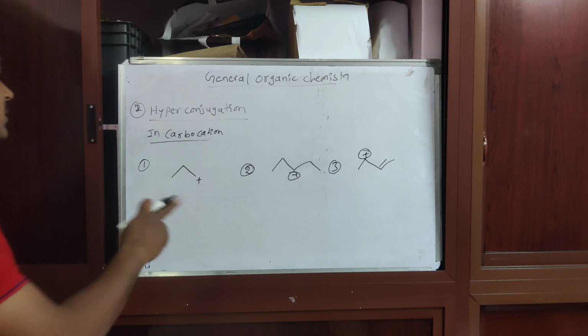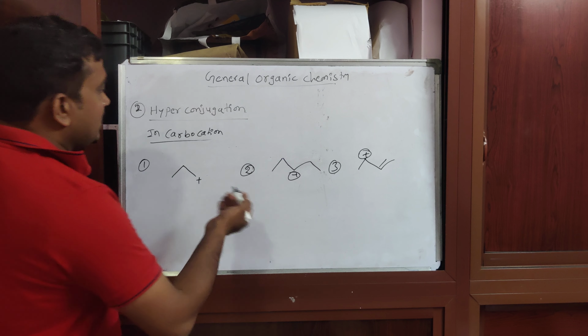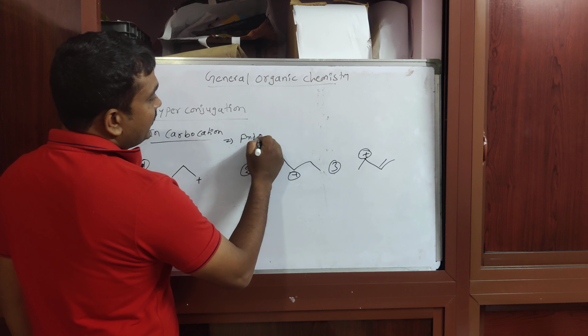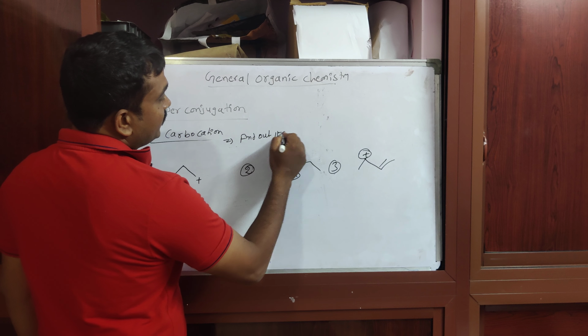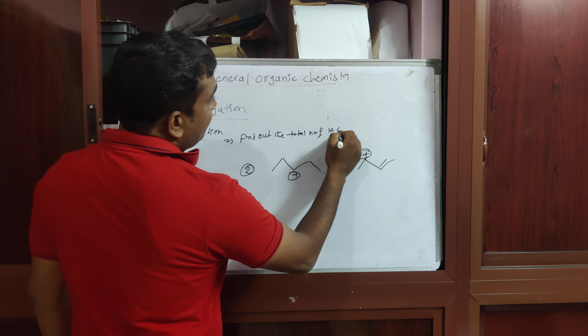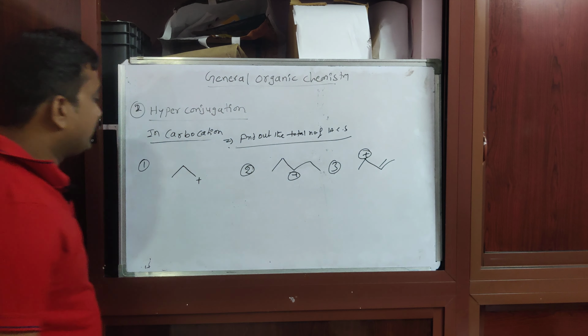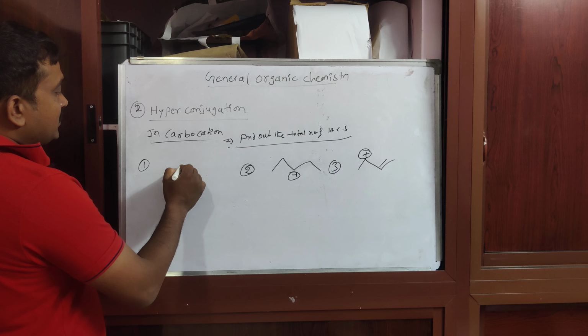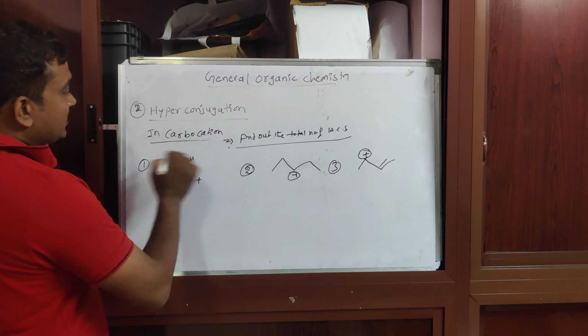Please find the total number of hyperconjugation structures. Take this carbocation, which has 2 hydrogens.